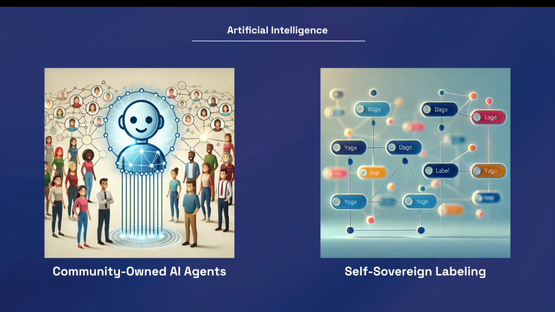Starting with artificial intelligence, you can see there's two products that are mentioned here, and by no means is this list exclusive. There's certainly many things that you could build with this that are not going to be mentioned today. But what we've got mentioned here is community-owned AI agents. What you can envision here is an interest group, like a subreddit.